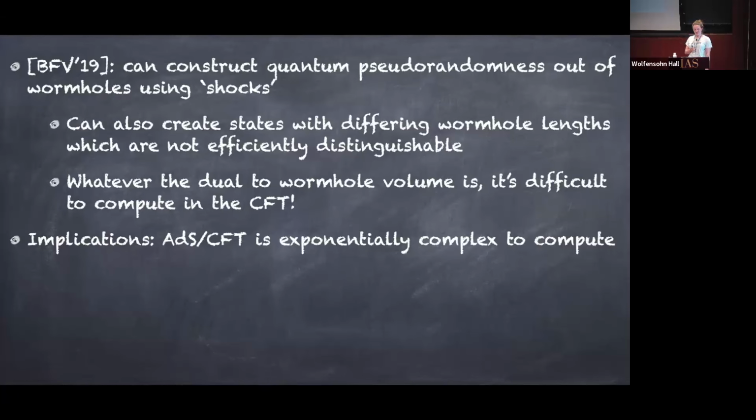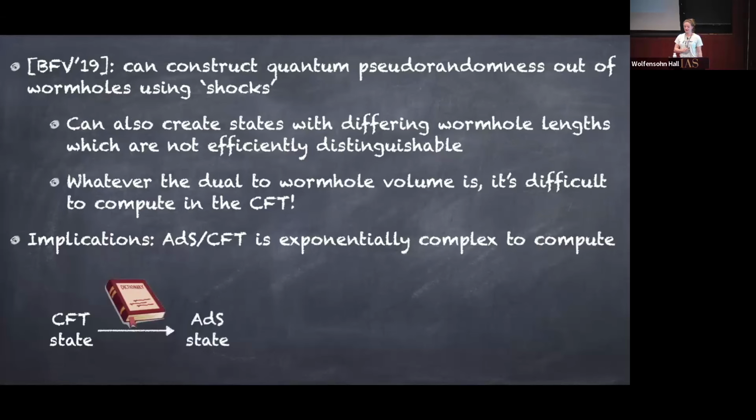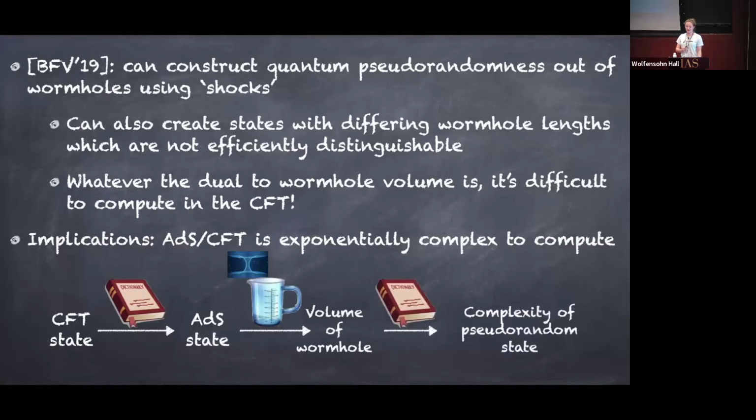And I have a toy model of this, which I think might be a little bit oversimplified based on Ed and Umesh's comments. But the toy model is that you can potentially measure the complexity of a CFT state by starting off with some CFT state, applying the dictionary to have some state in ADS, measuring the wormhole of the state in the ADS space to get the volume of the wormhole, then applying the dictionary again to give the complexity of a pseudorandom state.